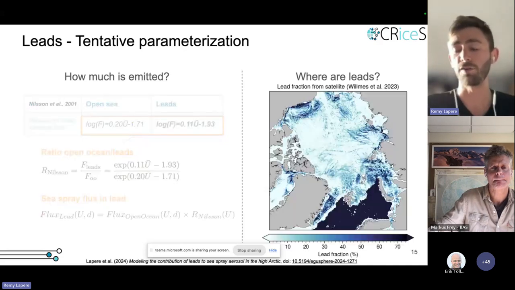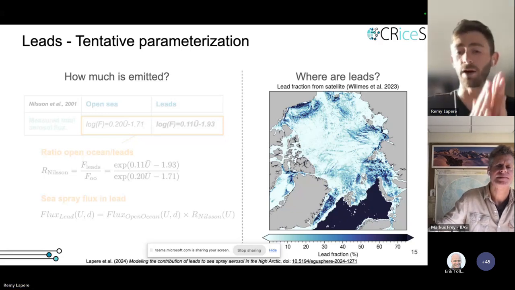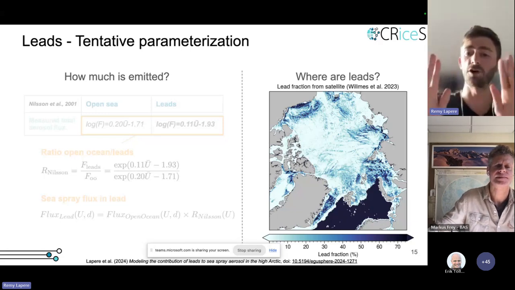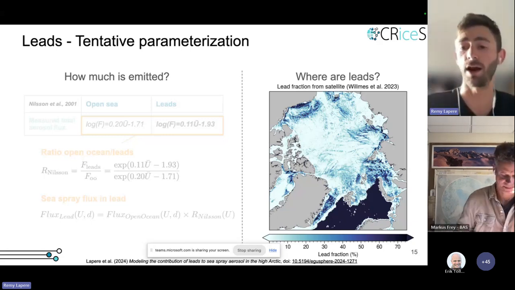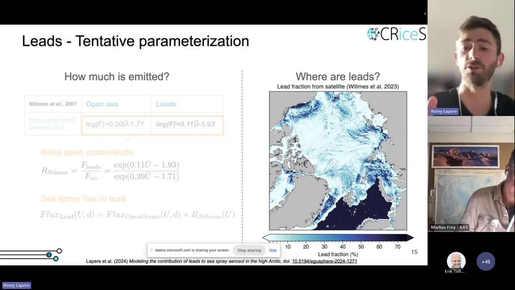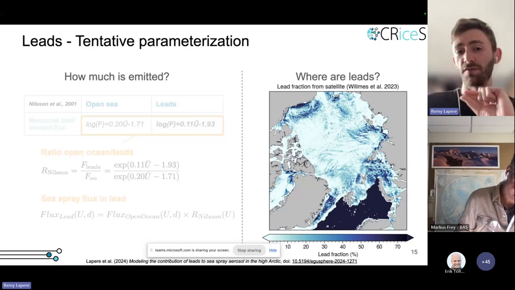For the where, our first instinct was to look at satellite products such as this one by Wilmes et al. in 2023, where essentially they look at thermal contrast in MODIS, and they say where it's warmer, there's a lead. That's a super high resolution, super interesting product. But the problem is it's limited for what we want to do, because there's data only from November to April, first thing. And second thing, these products also detect leads that are covered with thin ice.